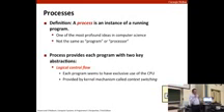A process provides two key abstractions. The first abstraction is that it gives you the illusion that you have exclusive access to the CPU and the registers. So when you're running your program in a process, you never have to worry about any other programs modifying your registers, and you can't even tell that there are other processes running on the system, right?